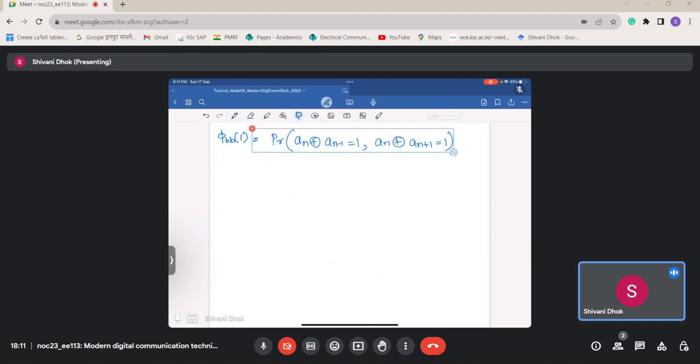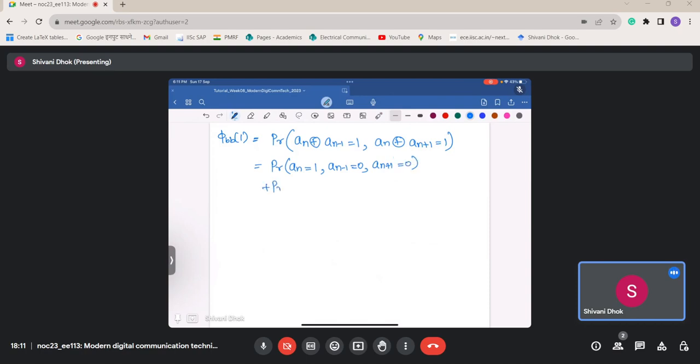So what we can write is, if an is equal to 1, then in order to have this quantity equal to 1, we need to set an minus 1 as 0, and in order to set the other quantity as 1, we need to set an plus 1 equal to 0.